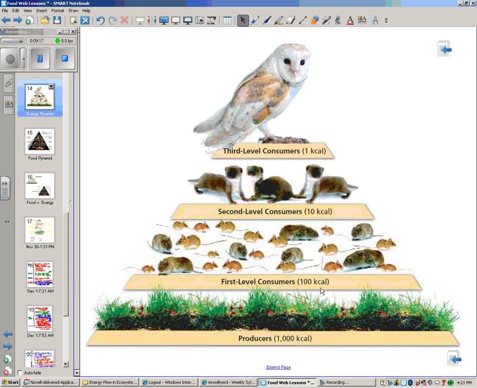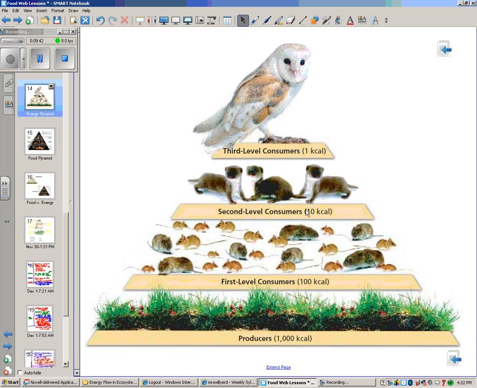90% of that's going to be going to their life processes. And that 10% that's left over will be going to whatever eats these little rats or mice. So these prairie dogs, they're going to get 10% of those 100 kilocalories. So that gives them 10 because 10% of 100 is 10. So you have your prairie dogs as second level consumers.